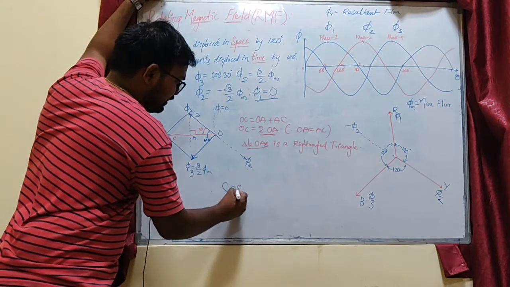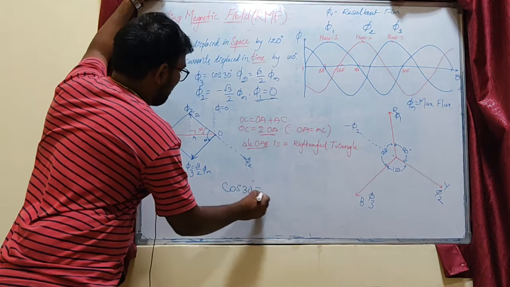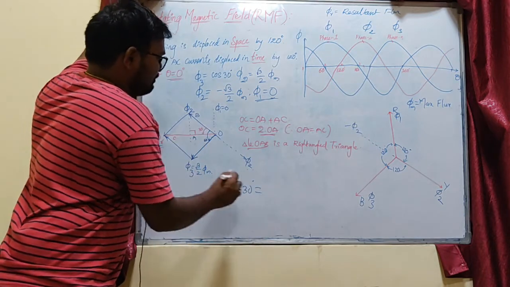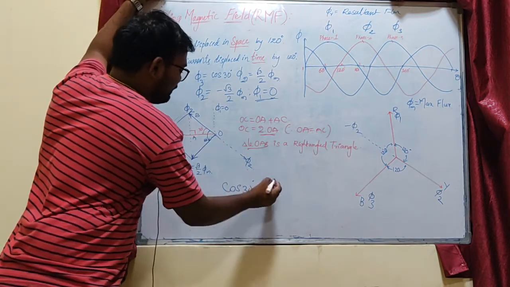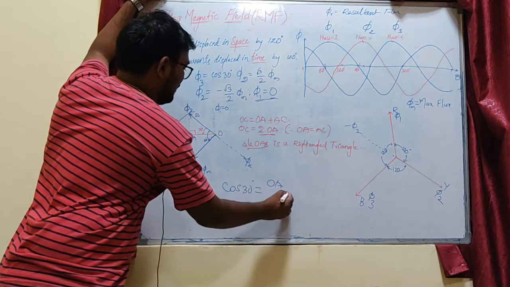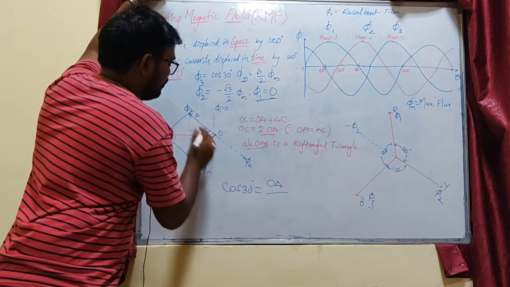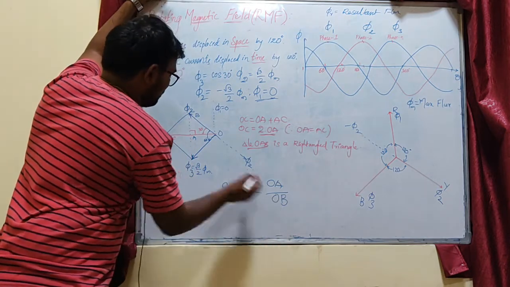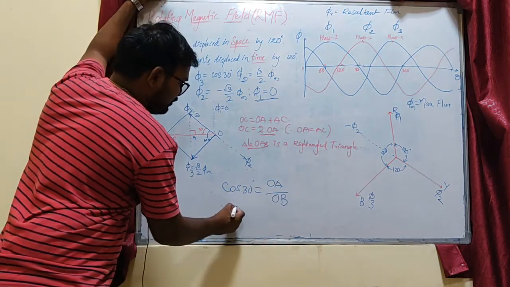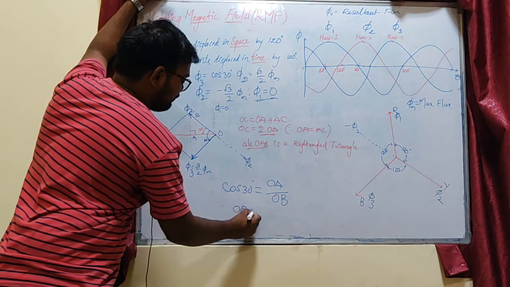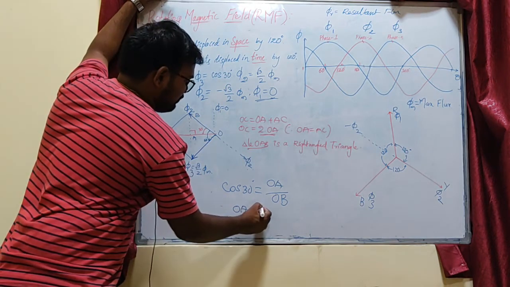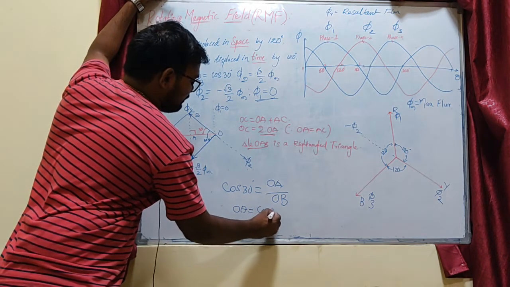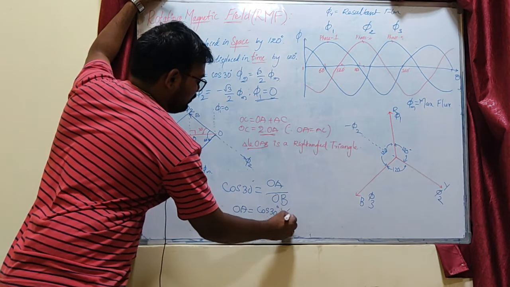Cos 30 equals adjacent side by hypotenuse, that is OA by OB. So, OA equals cos 30 into OB.